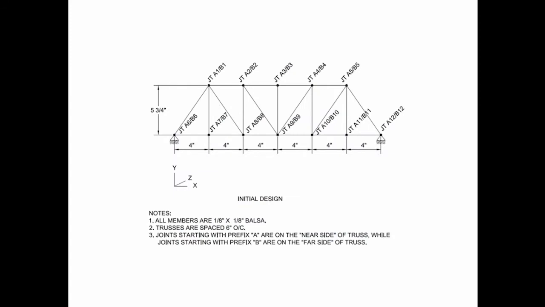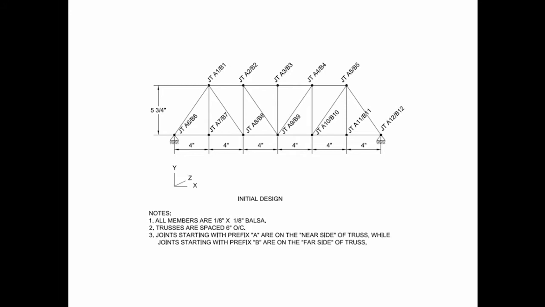Okay. All the members in our initial design are going to be 1/8 by 1/8 members. None of our members to start will be doubled up. This will be my initial bridge design. Over the course of this video, I'm going to take this initial design and show you a few tips on how you can incrementally change the design and gradually increase the load carrying capacity of this design.